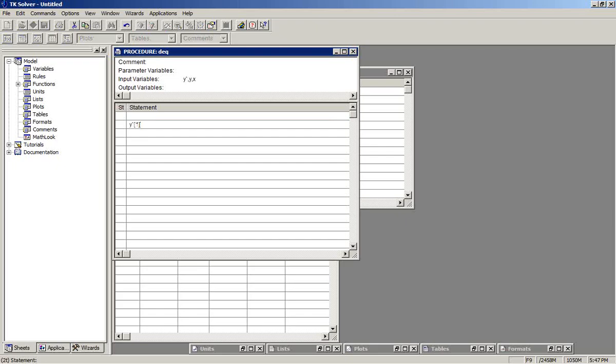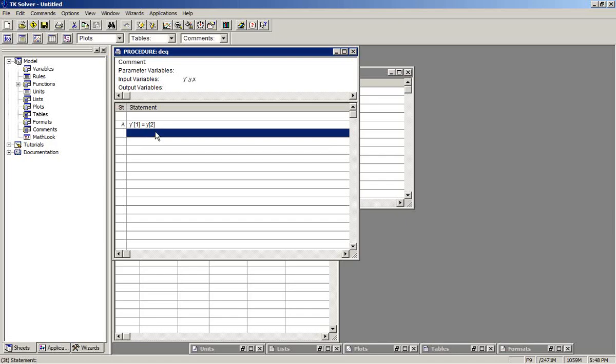That means the derivative of the first function of x. And we set that equal to y brackets 2. That says that the derivative of the first function of x is equal to the second function of x.